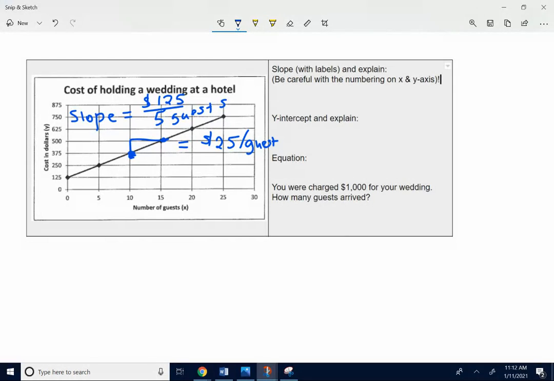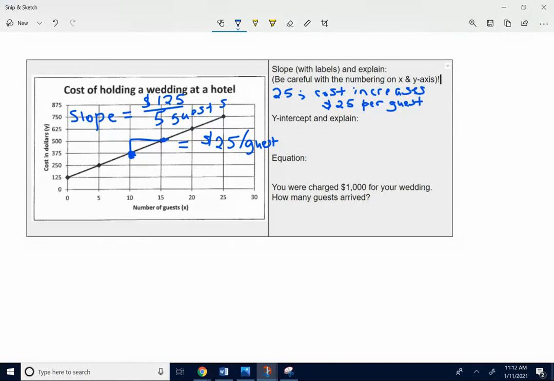You could put something on your paper like the slope is 25, and that means the cost increases $25 per guest. Every time you bring another guest, they're going to charge you an extra $25.